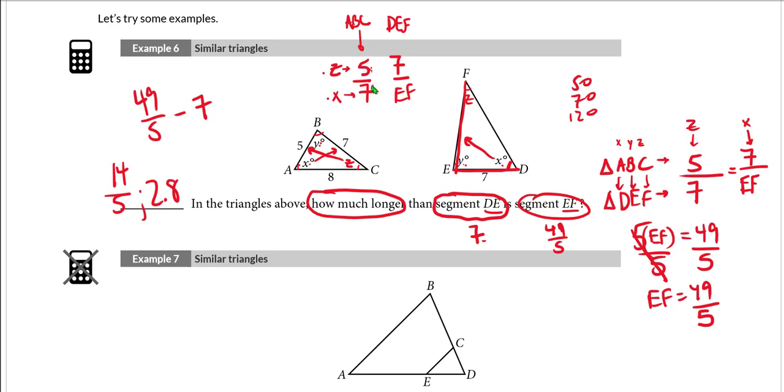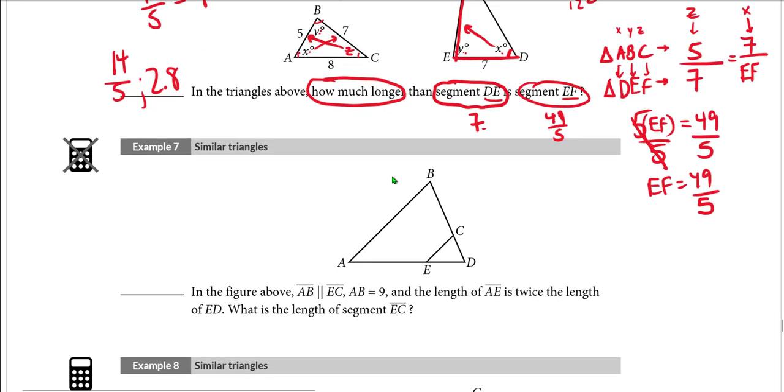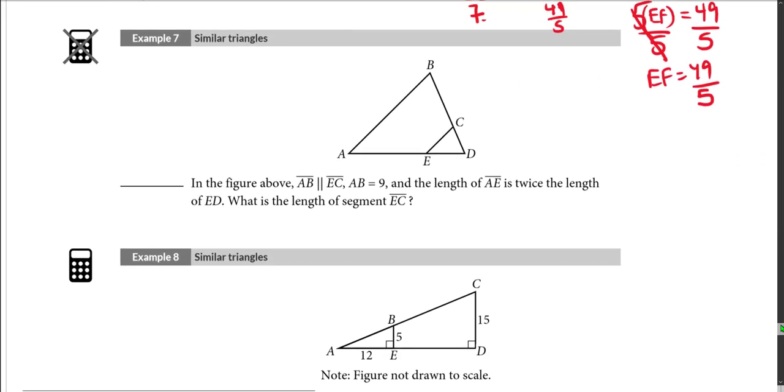So the proportion ends up looking identical to the proportion over here. And of course, when we solve this proportion, we'll get the same exact result as when we solve this proportion. So there are multiple ways that we can look at these questions sometimes. As long as you're putting everything in the right spot in the proportion, you should be fine.